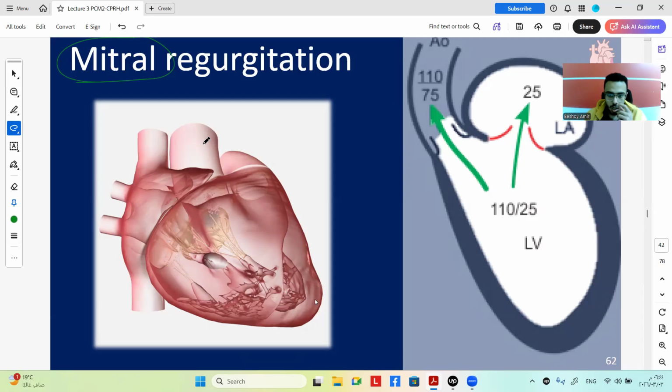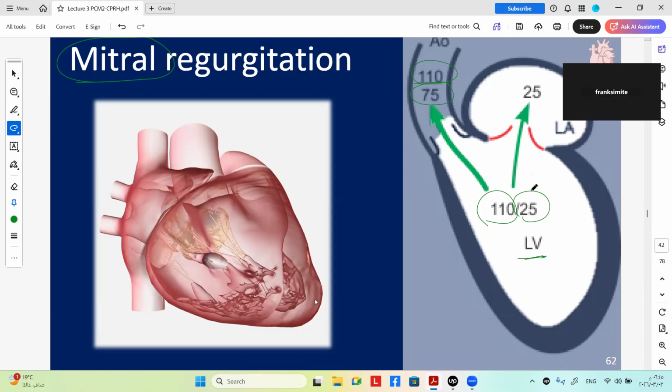So normally blood pressure in the aorta is 120 over 80, or it's fine to be 110 over 75. And blood pressure in the left ventricle is around 100 to 120.